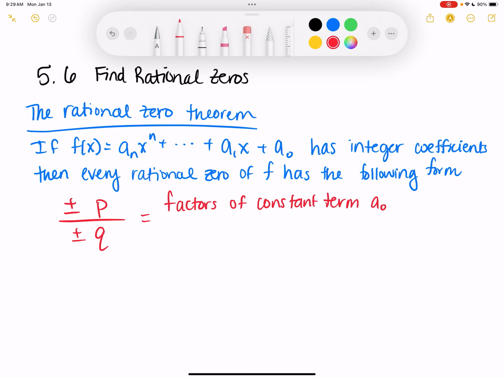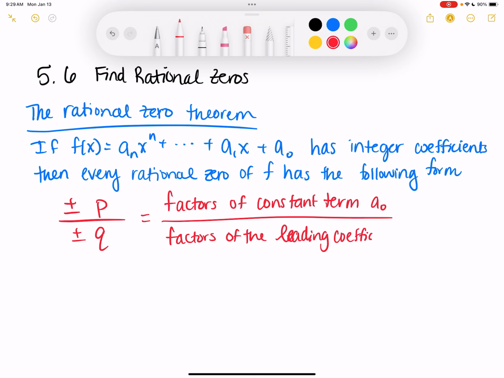So factors of the last term over q, the factors of the leading coefficient a sub n. So it's the factors of the last term over the factors of the first term.